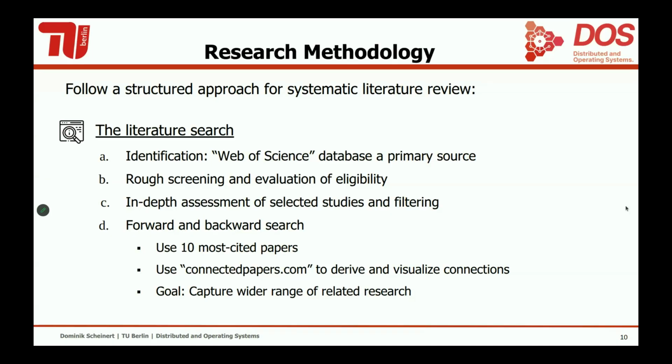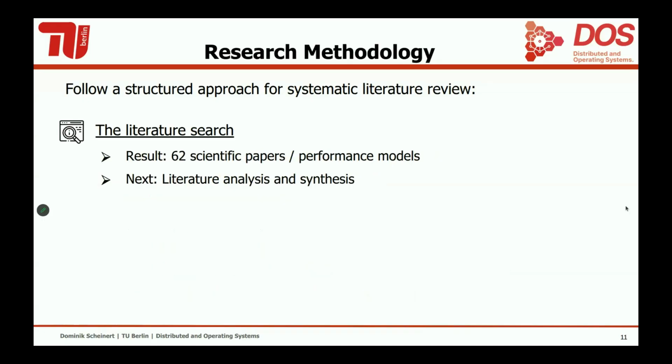And so this helps you to close some gaps that you might have and allows you to capture a wider range of related research. So as a result, we identified with this approach 62 scientific papers and thereby performance modeling approaches. And just out of transparency, this has been conducted in the first quarter of the last year.